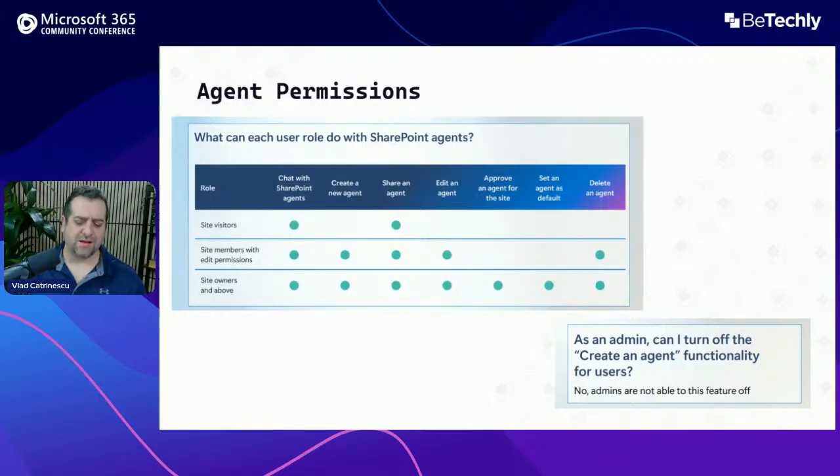Now, you cannot turn off the create an agent functionality for users, but there's a big asterisk there. And I know this is not an admin session, but there are ways to do it using RCD and a few other ways. But the official answer from Microsoft is you don't have a checkbox to disable agents on a specific site.